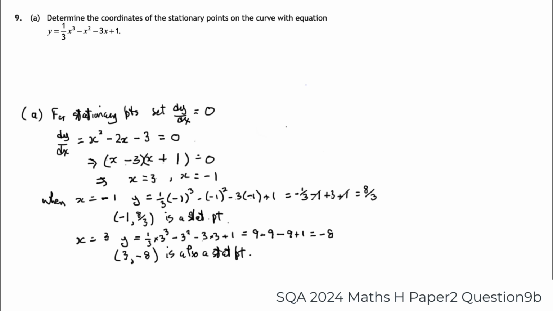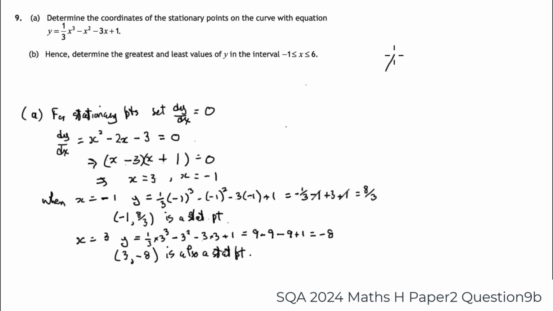So let's have a look at part B of the question. Hence, use this information to determine the greatest and least values of y in that interval. Now, this is a cubic curve, and large x negative values would be a negative value for y.